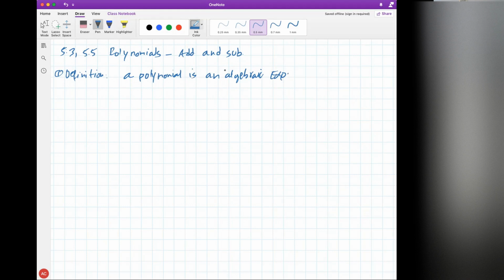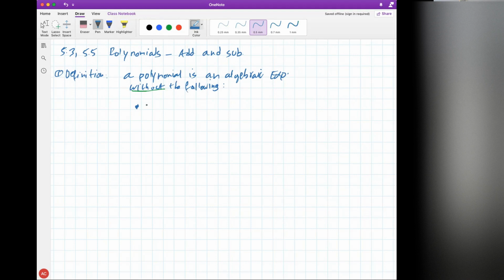But a polynomial is an algebraic expression without the following types of terms. A polynomial is an algebraic expression, but it does not have the following types of terms.